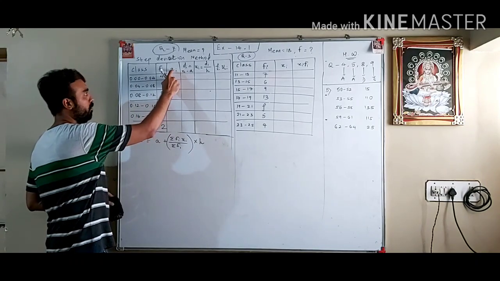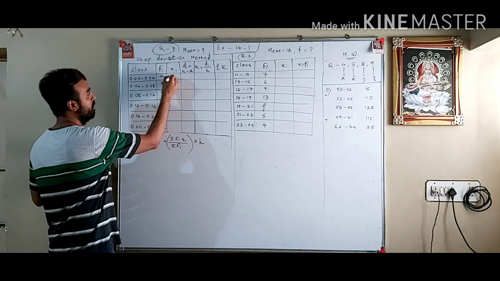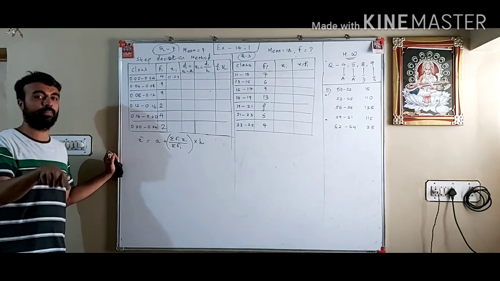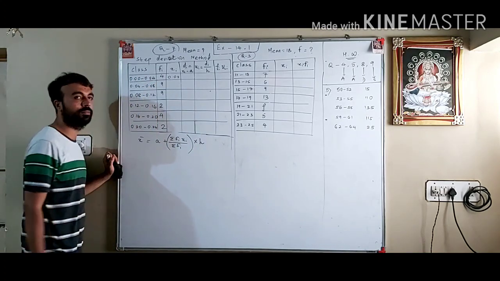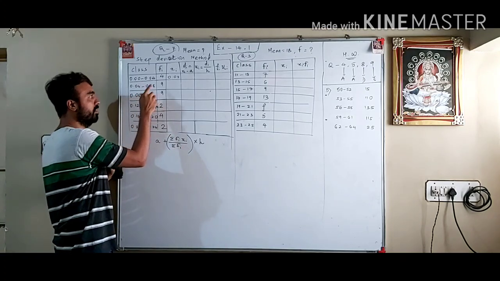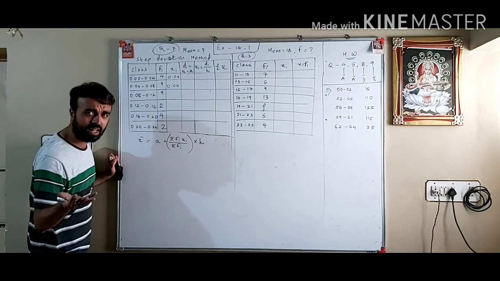Xi. What is Xi? Midpoints. Very simple. What comes in the center? What is the midpoint? 0.00 to 0.04 comes 0.02. 0.04 to 0.08, what comes? 0.06.